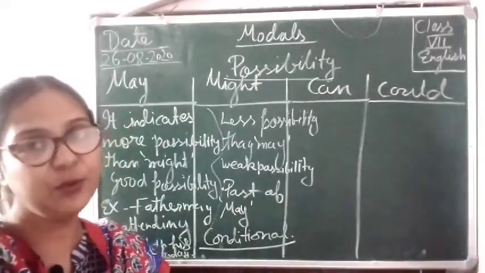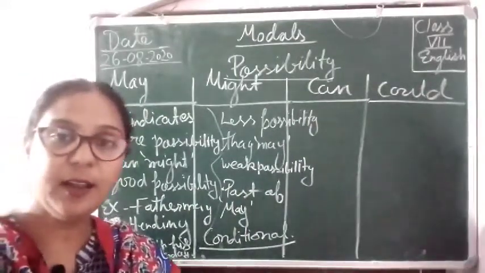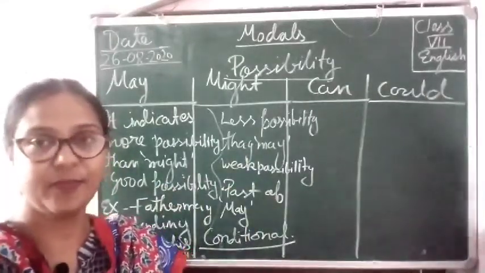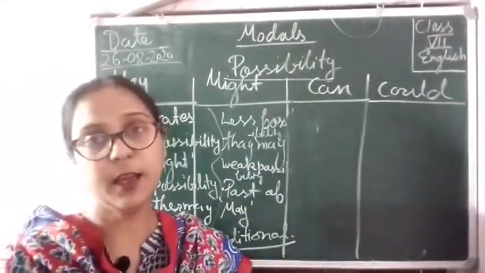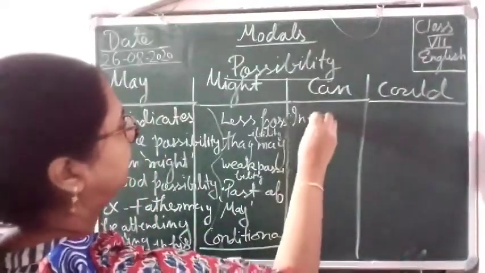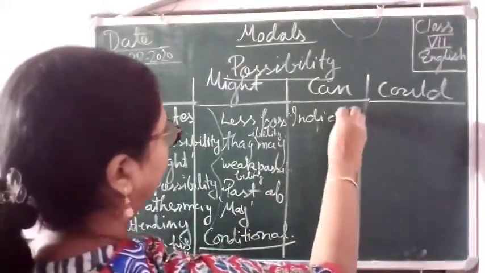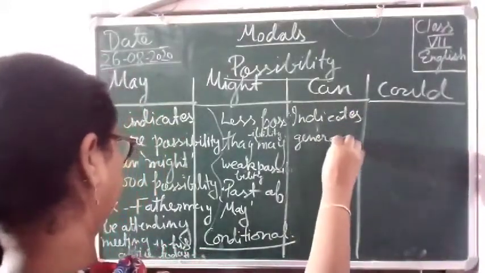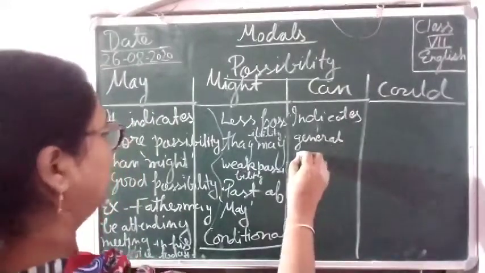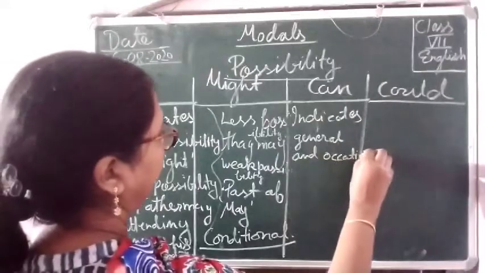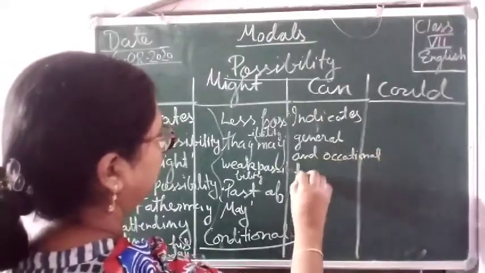Let's move to the next modal, that is can. Can indicates general and occasional possibilities.